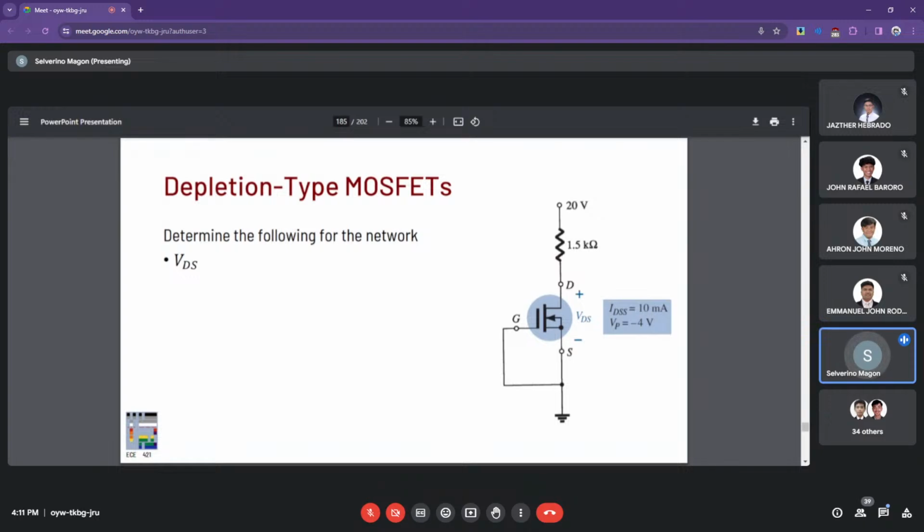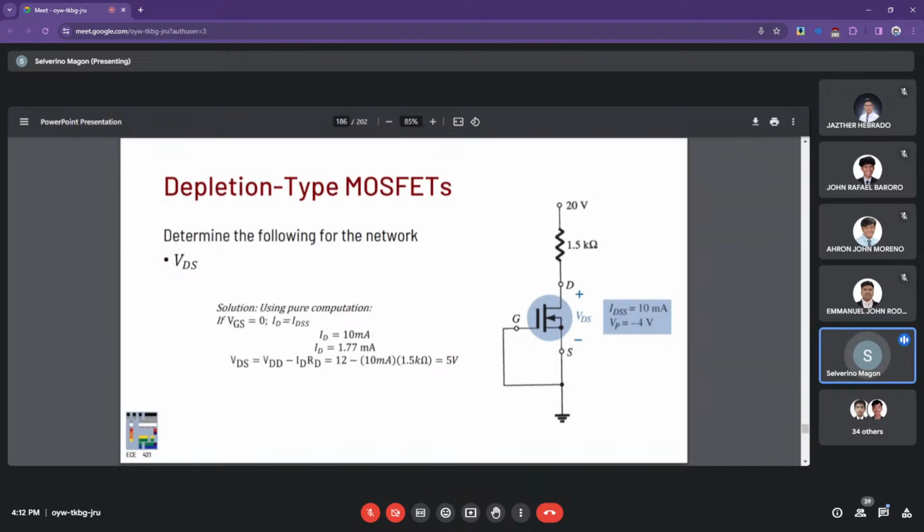And so how about for the following, this is a self bias. We don't have RS for this case, and IDSS is at 10 milliamps. Pinch-off voltage is at negative 4.